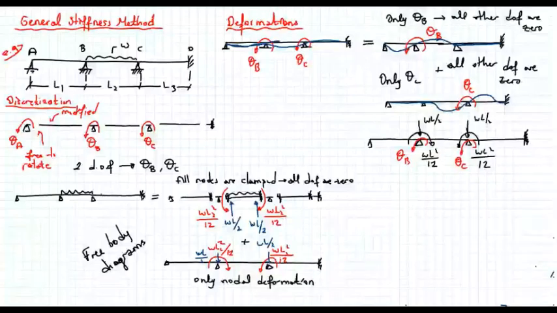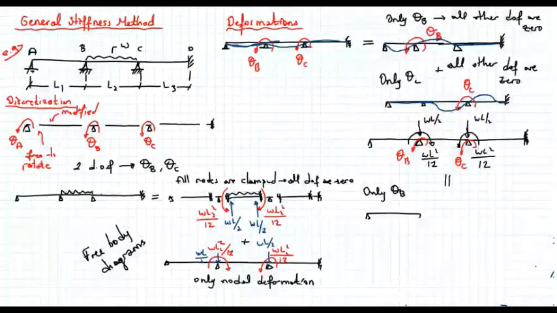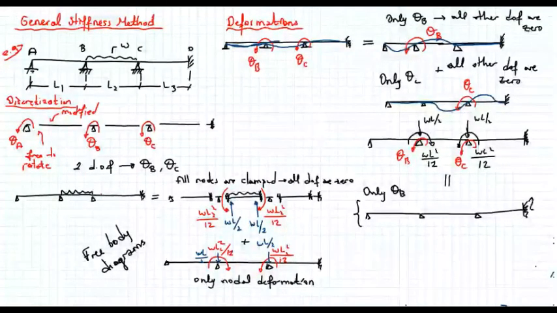So we are saying that this is equal to, so we will calculate the effect of each degree of freedom one by one. So we have only theta b. So I'll just write it this way. In order to simplify it, I just multiplied this deformation by theta b, and I'm drawing the deformed shape as follows.